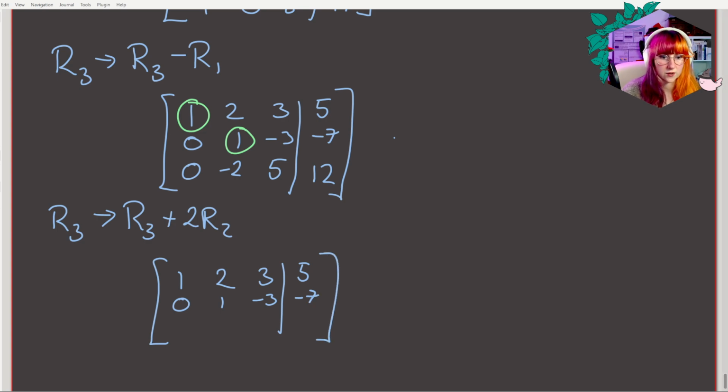Okay, so 0, add 2 lots of 0 is still 0. Minus 2, add 2 lots of 1 is 0. 5, add 2 lots of minus 3, so 5 minus 6 is minus 1.